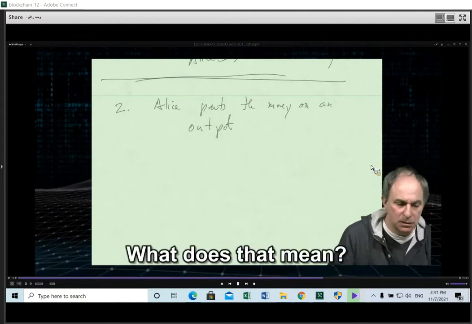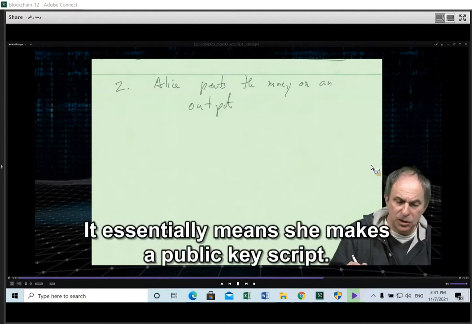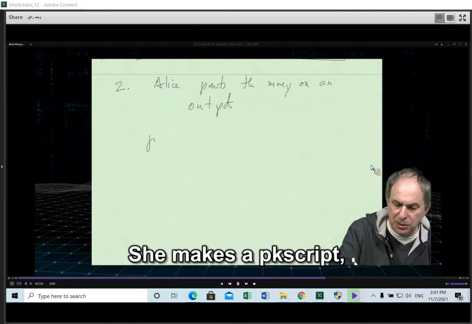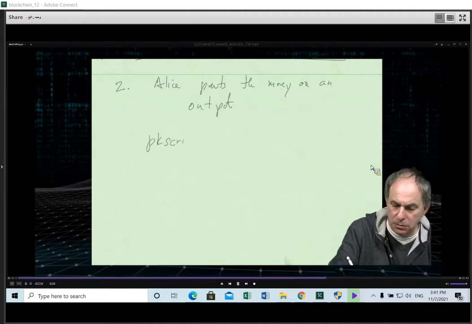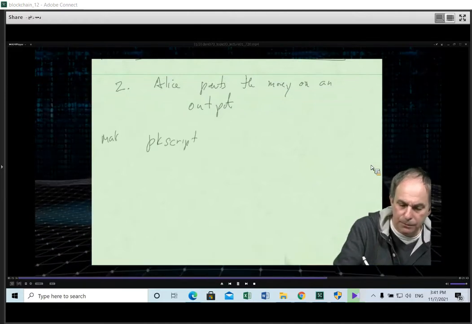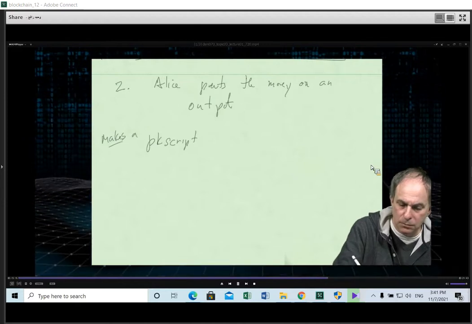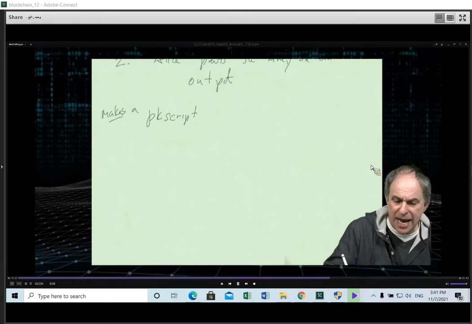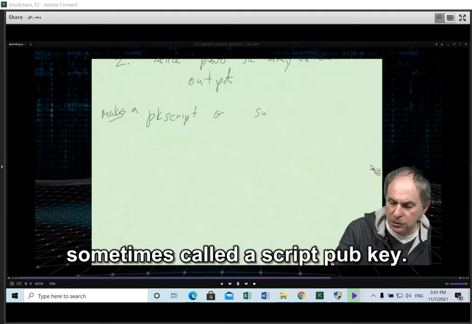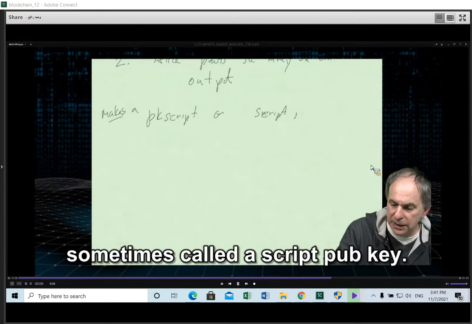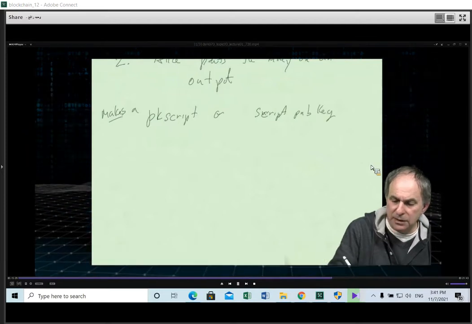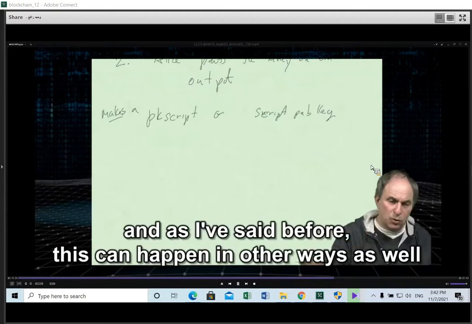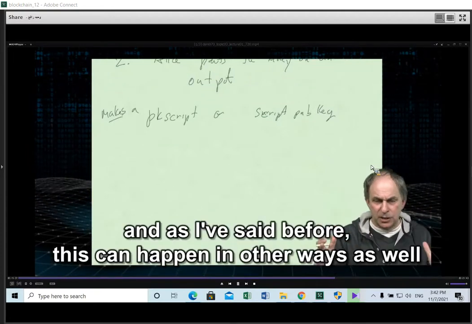What does that mean? Right? It essentially means she makes a public key script. She makes a PK script, sometimes called a script pub key. And what it says generally, the most common thing for this to say, and as I've said before, this can happen in other ways as well.